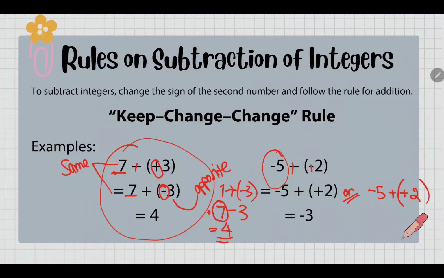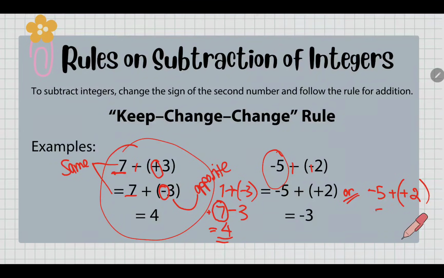So when we come to solve this, since the problem is negative 5 plus 2 and the signs are different, we have to think about what we learned from the first two rules for the addition of integers. We have to subtract the absolute values.